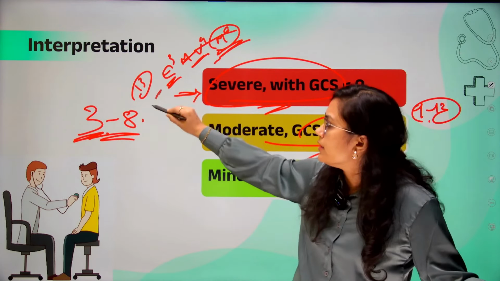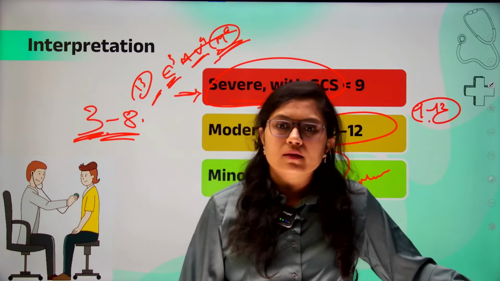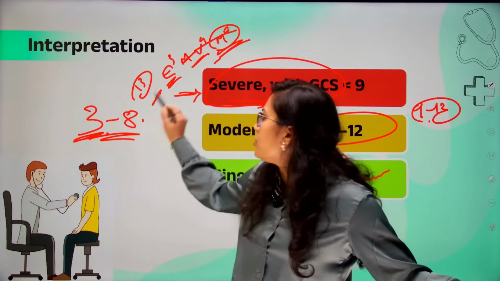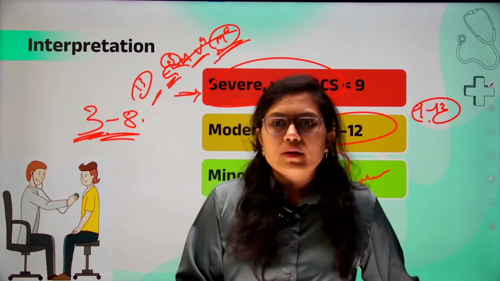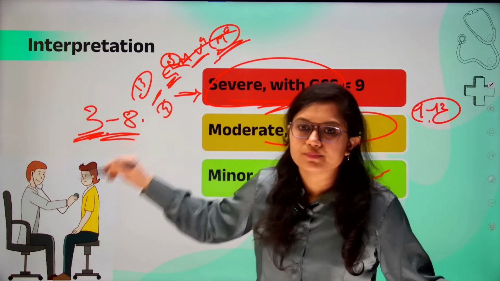So if it is 13, that is considered as a minor brain injury. Fine? Yes, spontaneous is grade 4, Dhruv. Grade 3 was on speech or on verbal. You tried, good, but eye-opening grade 4 was spontaneous. Fine?